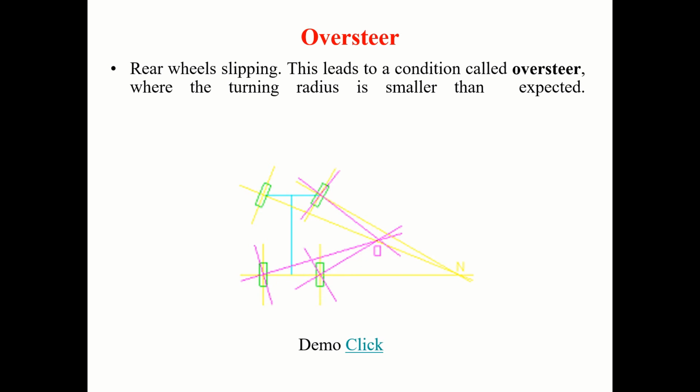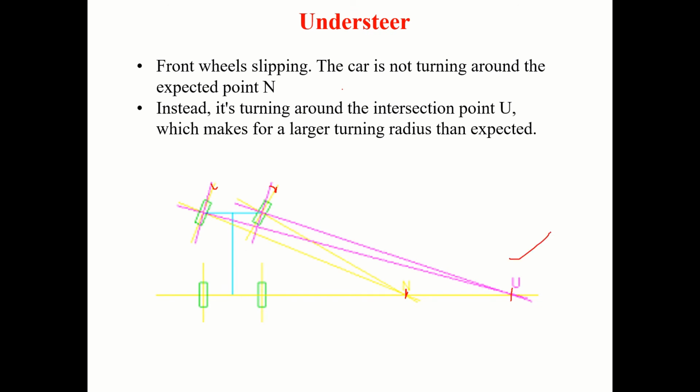It will start turning over here itself. Should have turned here. To bring this point back to this, you see here, this has to be brought back. If you bring back this point, then this point will stretch to this point. So it will have a very short turning radius. This requires a long turning radius.